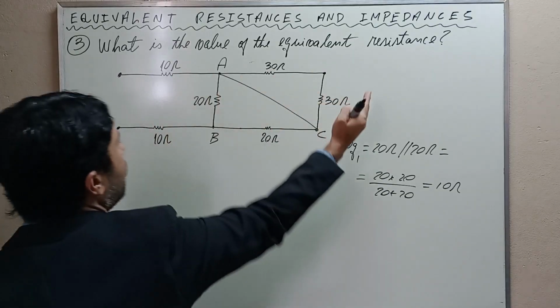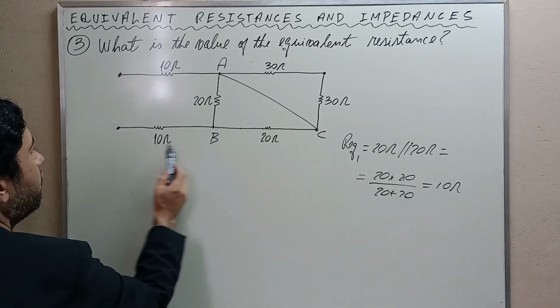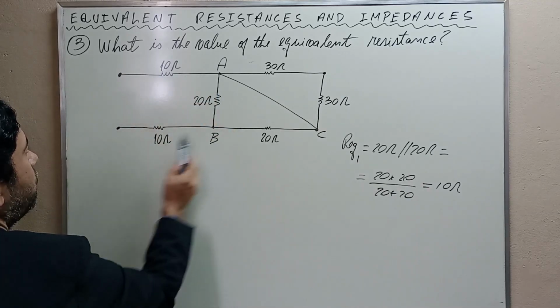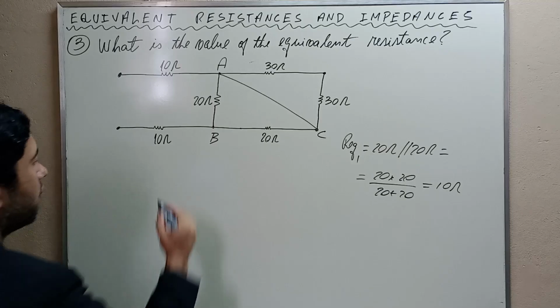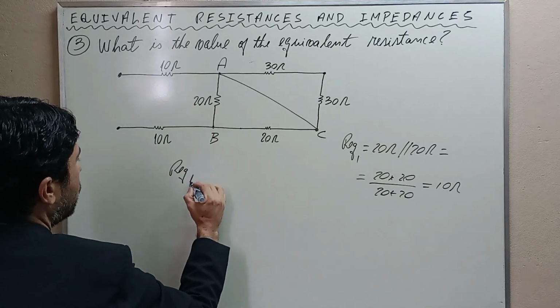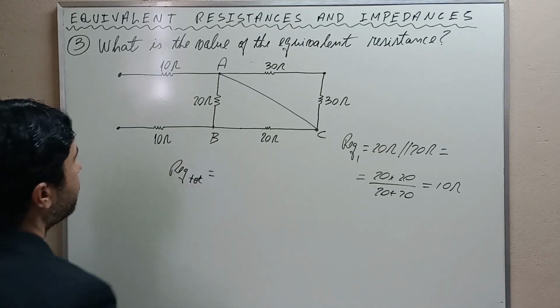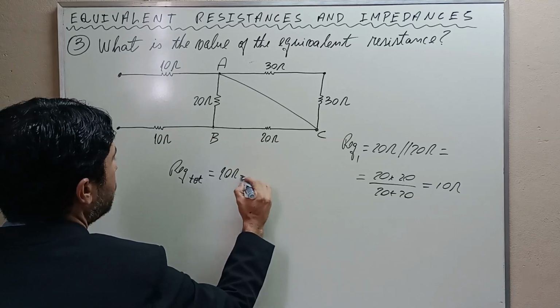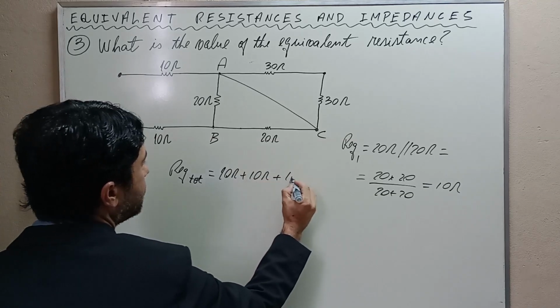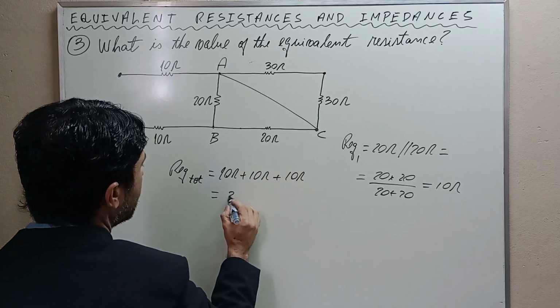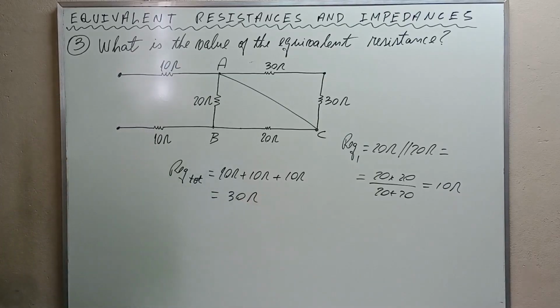We replace all this by this, and we see that they are in series. Thus, the total equivalent resistance will be 10 ohms plus 10 ohms plus 10 ohms, which is equal to 30 ohms.